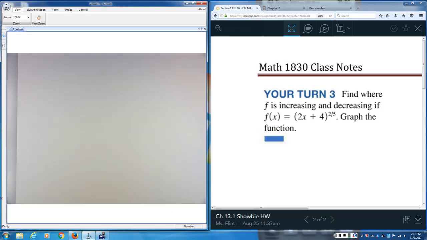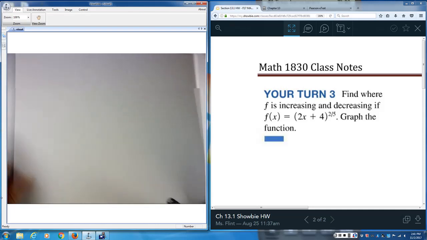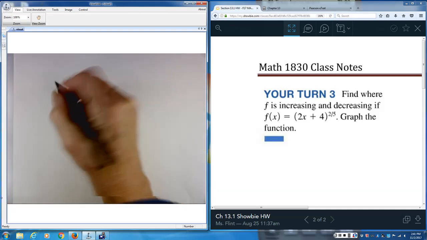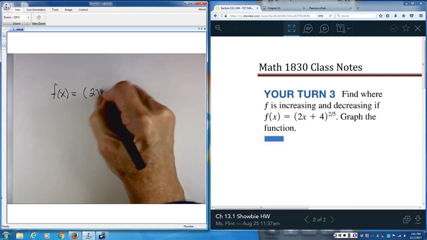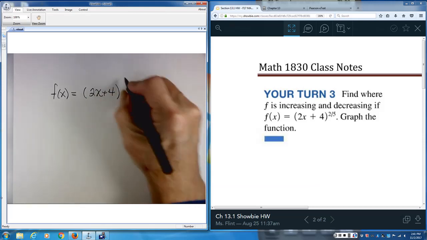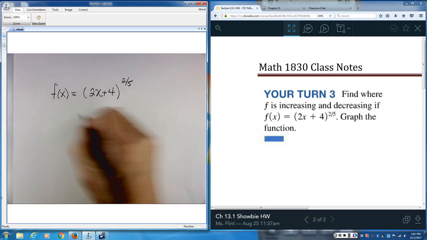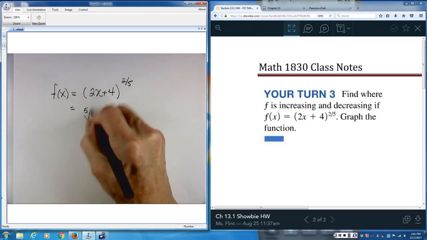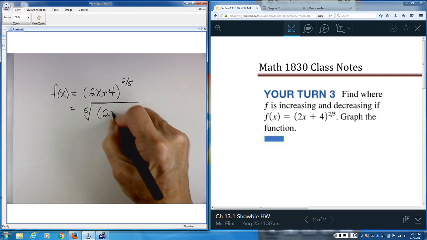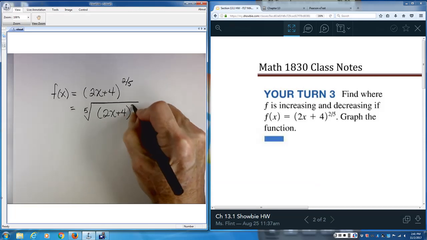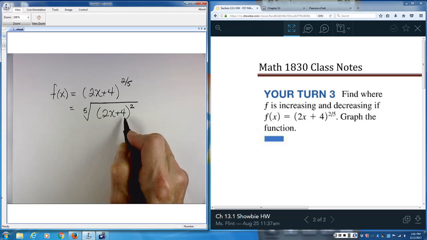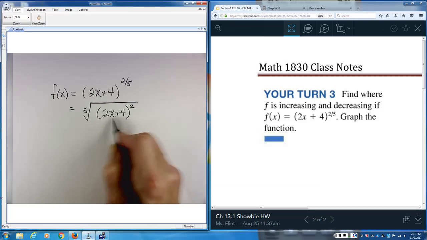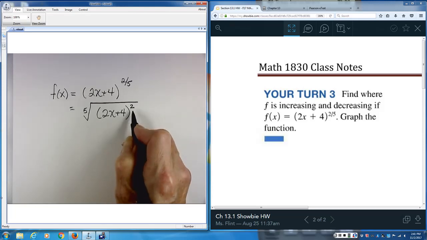Because if you take this derivative, it doesn't really make any difference what value of x you put in here because you're going to square it. So this is defined for all values of x.